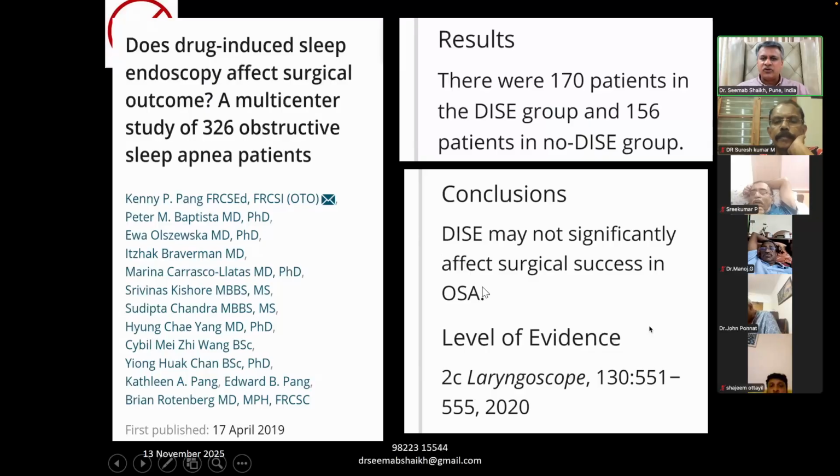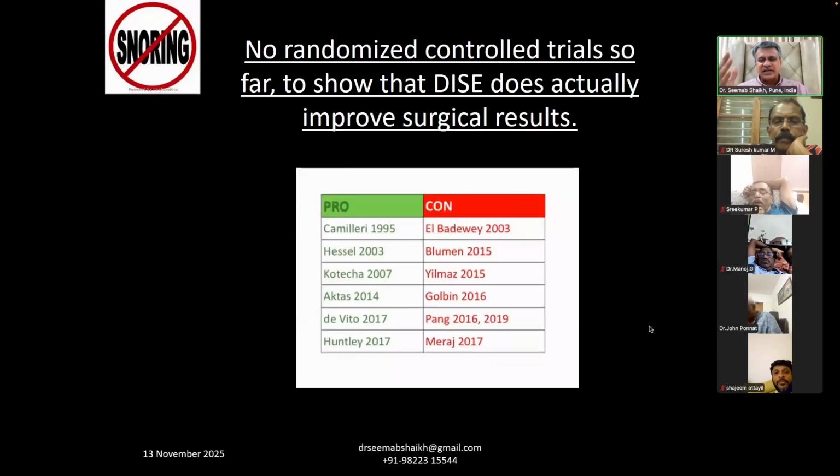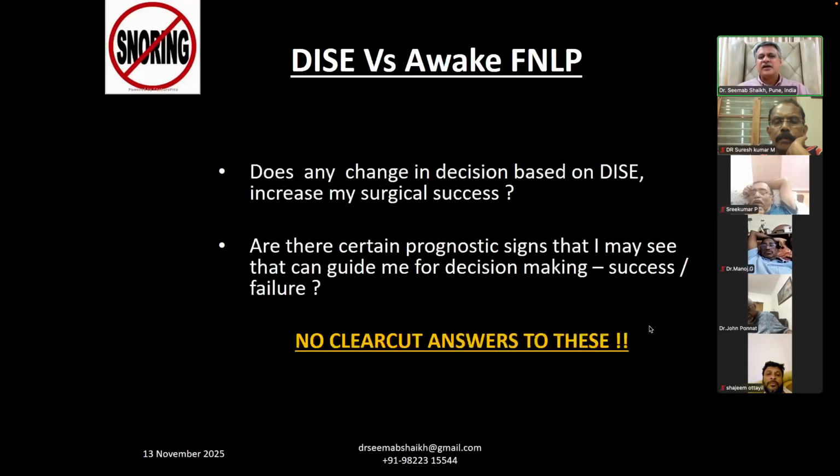And what they found was that DICE may not significantly affect surgical success rate at all. This is just one study. There have been studies done way back since 1995 and 2000s, where some of them gave the pros, some of them gave the cons, and we found that does DICE really make that difference?